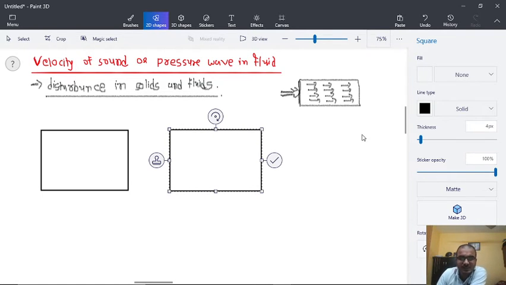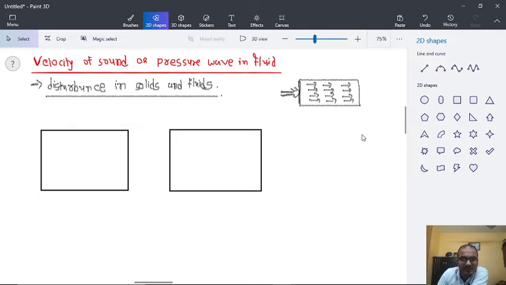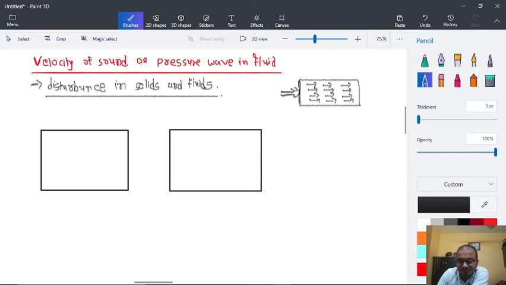First is solid and second is fluids. We will consider liquids and gases together as a fluid. So in case of solids, all molecules are together, very near to each other. So this transmission is comparatively very quick because molecules are very near to each other. So this is the case of solid.